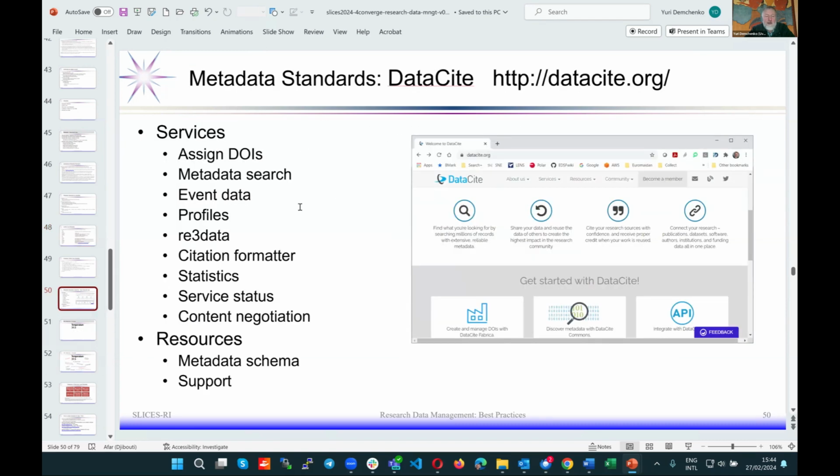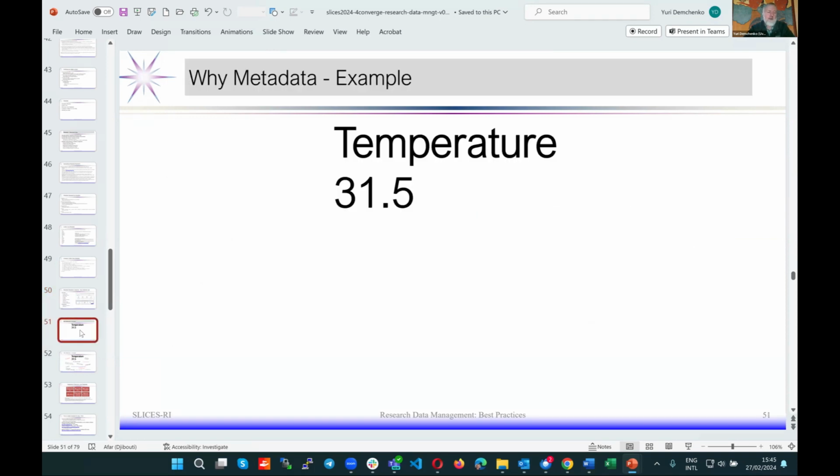DataCite is here for your reference. It is based on Dublin Core, but has many specific extensions. And possibly one of the final slides to show you what metadata means. If you see this kind of statement or information, what would you see?